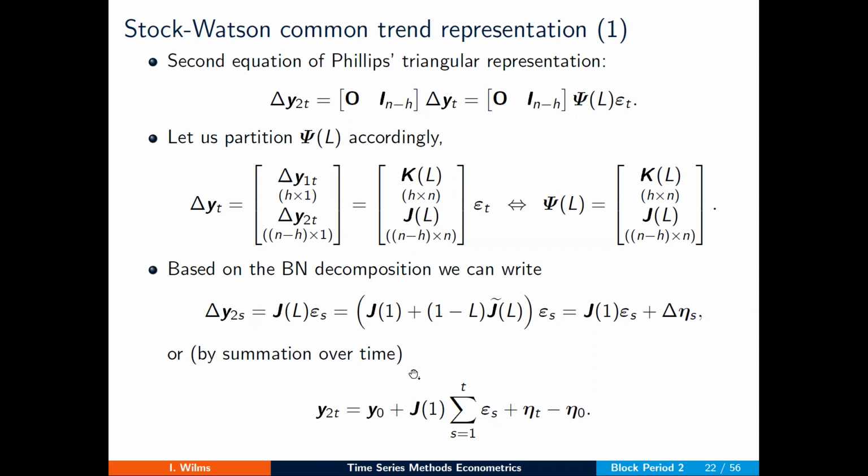And in the last step, I again sum over all time points s equal from 1 up until small t, like I did in the first video, to arrive at this expression for the series in levels of the second subvector, namely y2t. Then I'm almost there, and this already forms the second set of equations for the Stock and Watson representation.